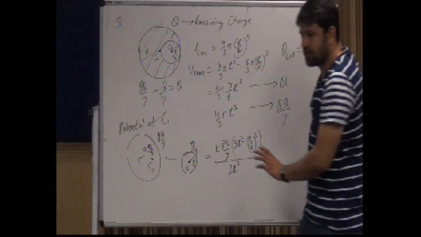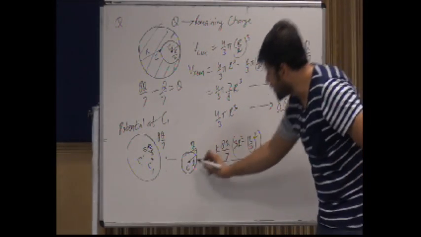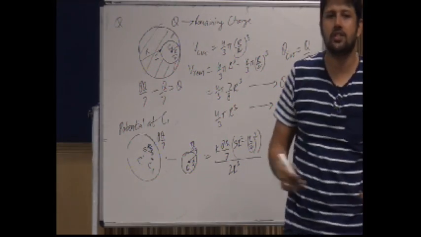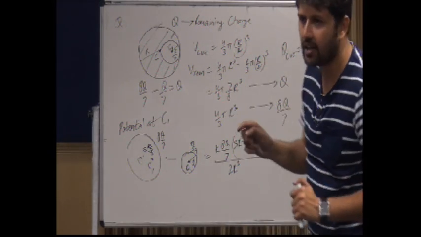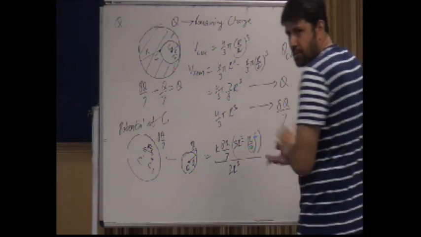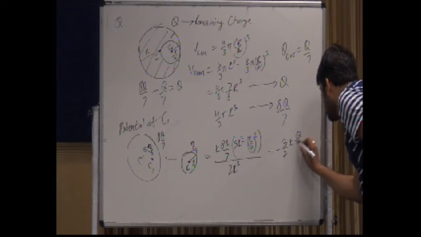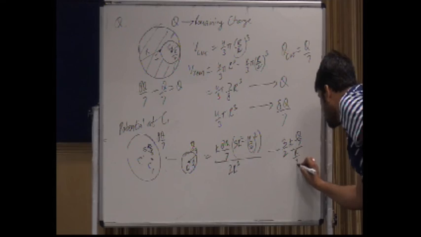Okay. For the small one, since the point is at its center, how much is the potential? 3kq/2r, 3/2 kq/r. So this is 3/2 k, q is q/7, upon r is r/2.